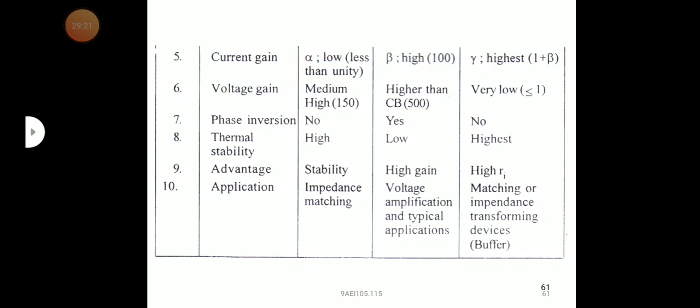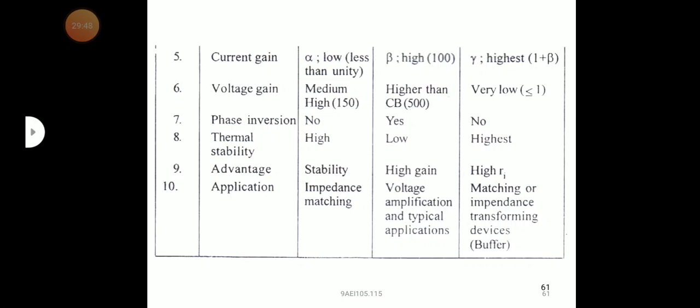Common collector has a very high input resistance. Common base is used for impedance matching purposes, and common emitter is used for amplification and different applications.